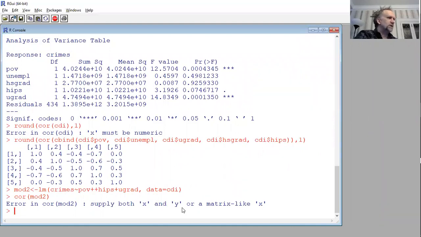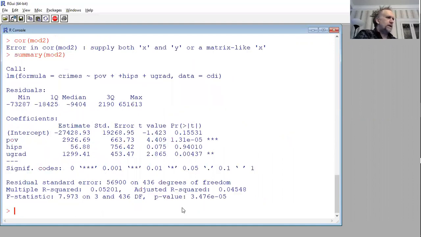So let's look first at the summary command. Okay, and let's look at our coefficients. Okay, and we'll look at mod 1 coefficients.